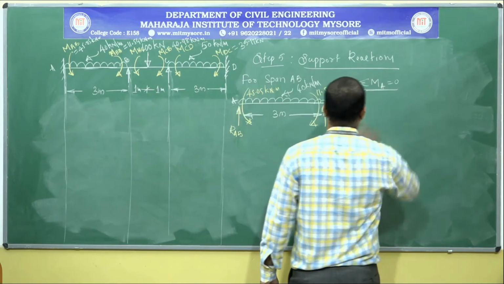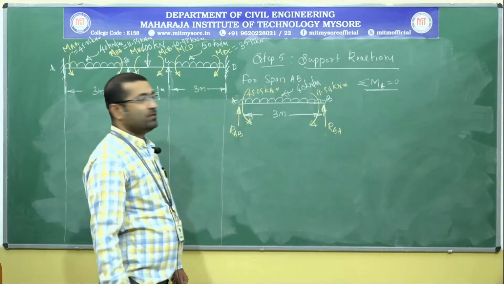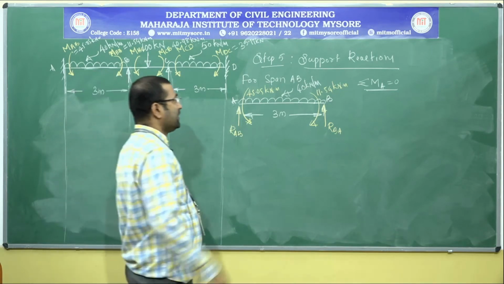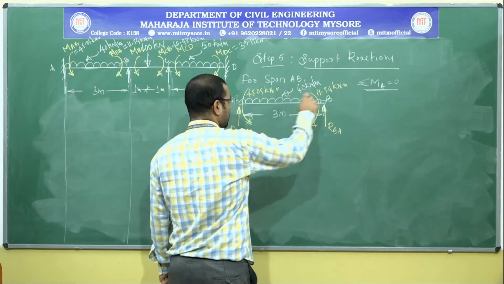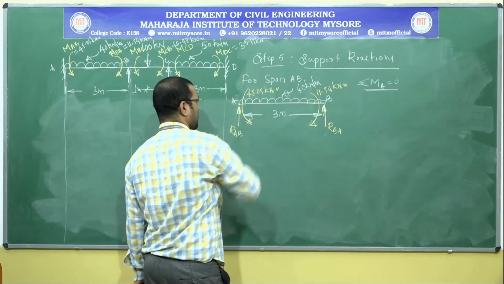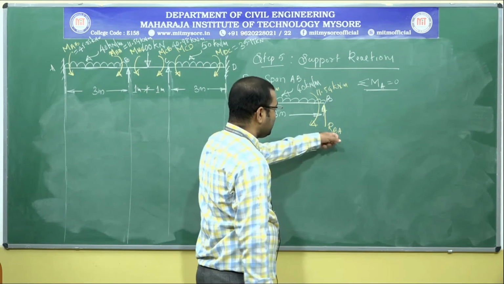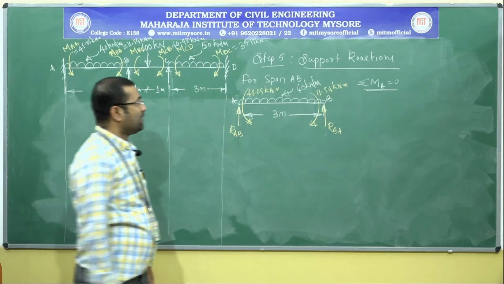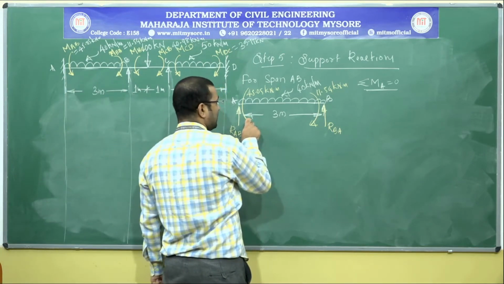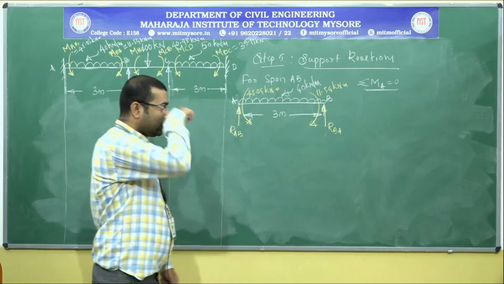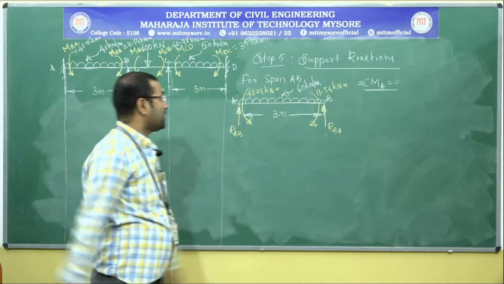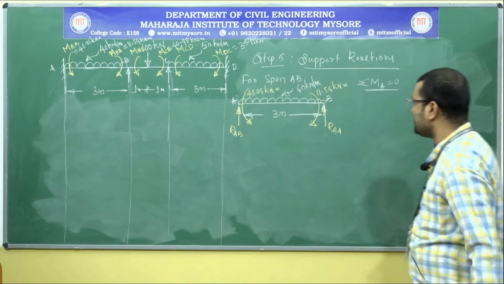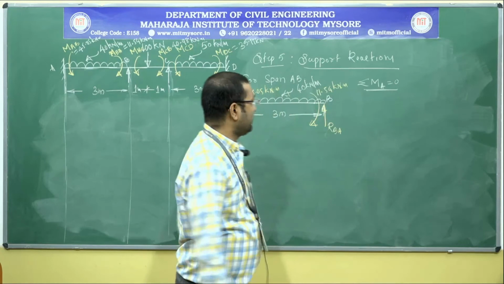If I impose this equilibrium condition on this free body diagram of the span AB, then you can see here this 40 kilonewton UDL creates a clockwise moment about A, and this RBA creates an anti-clockwise moment about A. And we have two more moments, one is anti-clockwise in nature and another one is clockwise in nature. So here in the equation I need to consider all the four components into the calculation.